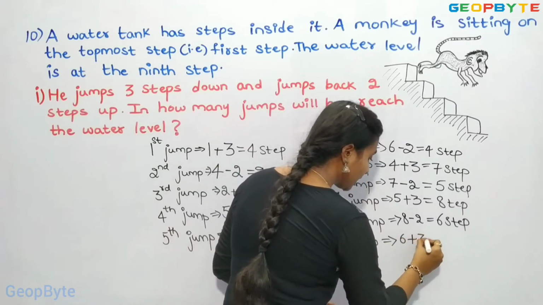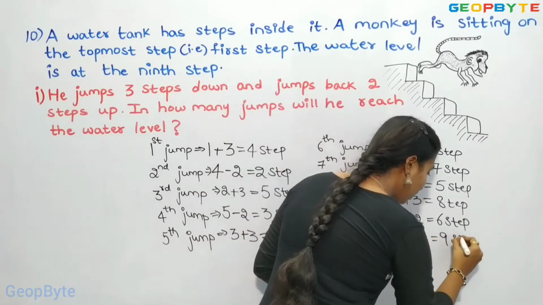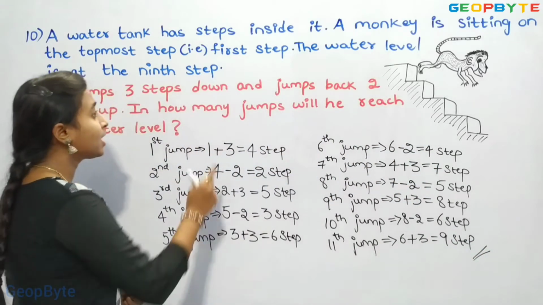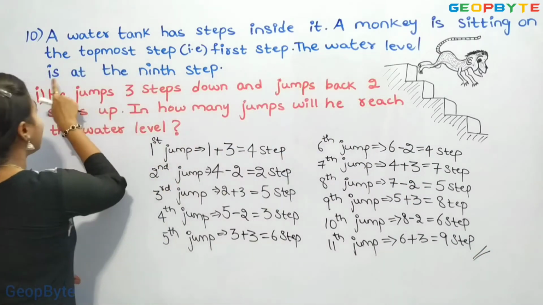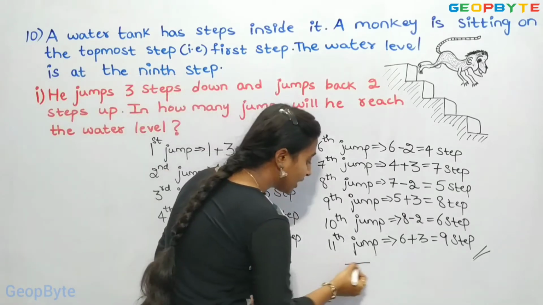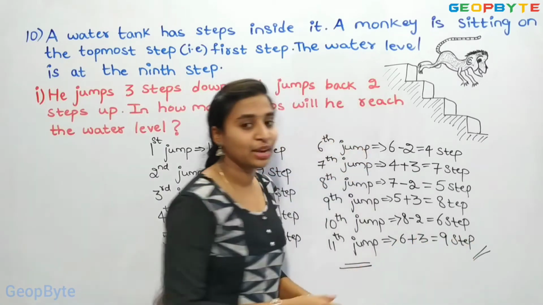He jumps 3 steps down. That is, now he came finally to the 9th step. That is, the water level is at the 9th step. He reached the water level in the 11th jump. That is, he reached the 9th step.